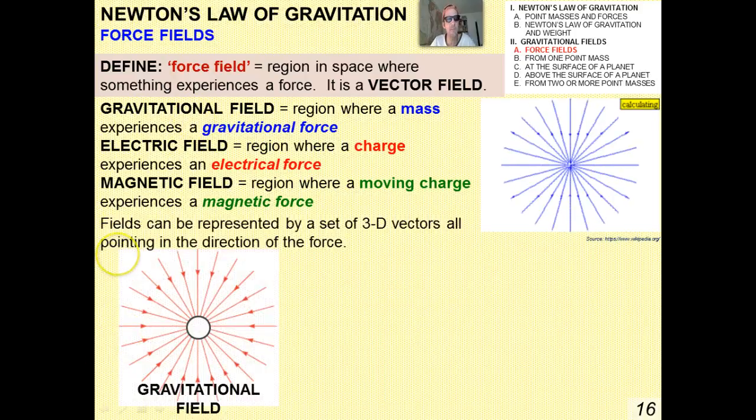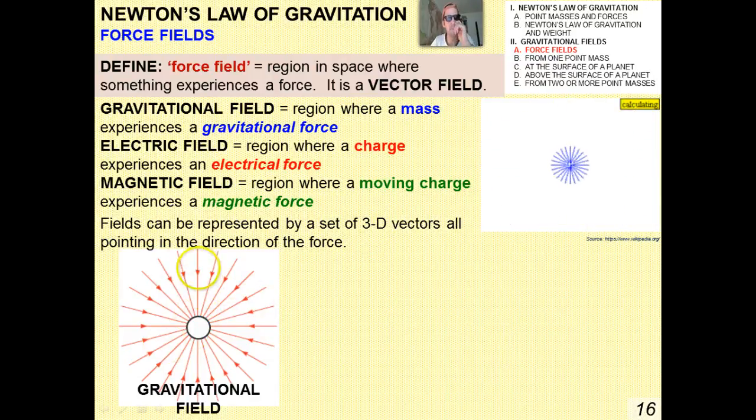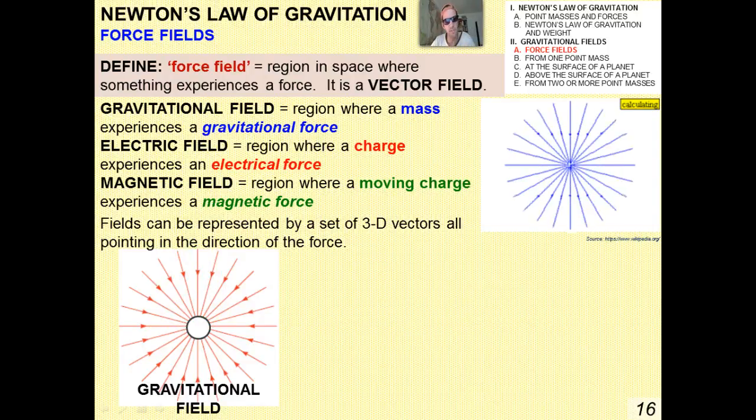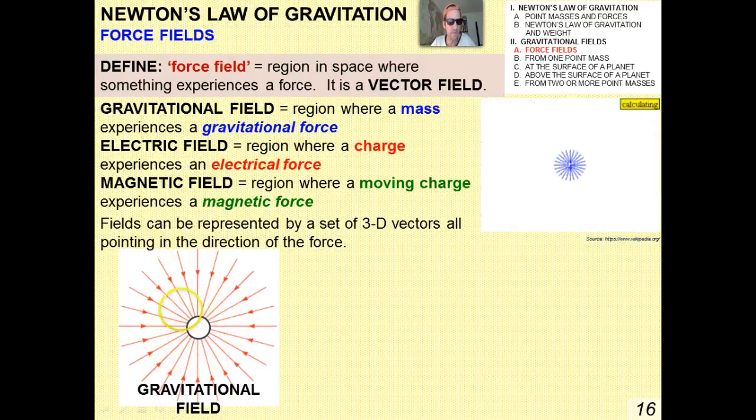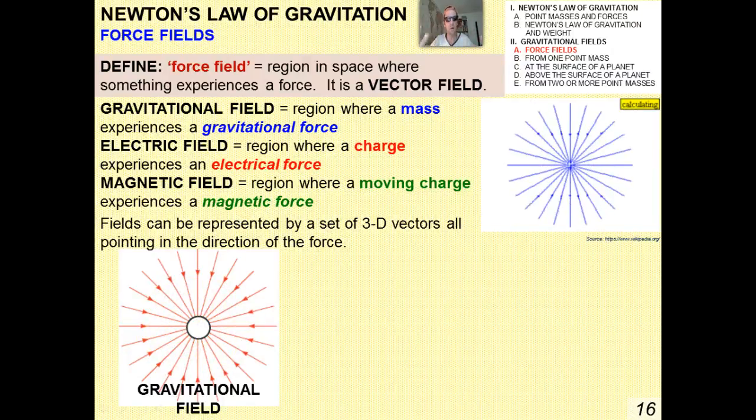And fields can be represented by sets of three-dimensional vectors going in all directions, pointing in the direction of the force. So, for example, for a gravitational field, you know that the force of gravity acts inwards towards the center of a planet, which is the center of that sphere. So we would show the gravitational field looking like this, and the implication is that this is three-dimensional in outer space in all directions.